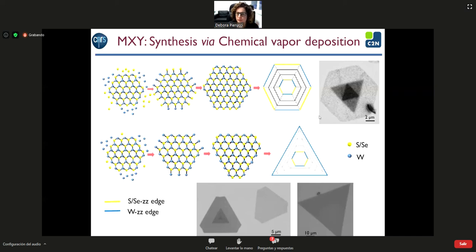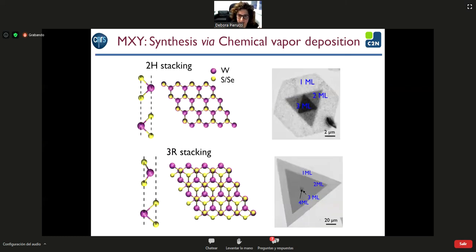As we see from the optical image that I show you here, we also see different contrast on this kind of flake. That probably means, as we will see later, that we have different layers of material, in particular one, two, and three layers. Having different layers also means we can have different stackings of these multilayer materials. The optical image can help us recognize the different types of stacking.